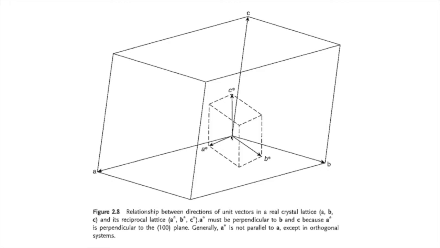You can do that for any combination. If I'm looking at c*, then that's going to be normal to a and b. And that goes back to the definition of the reciprocal lattice vectors with the cross products, because for c* you're looking at a cross b, and for a* you're looking at b cross c. I believe this does a pretty good job of visually showing what that's referring to.